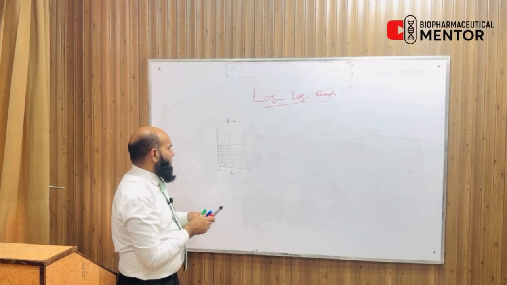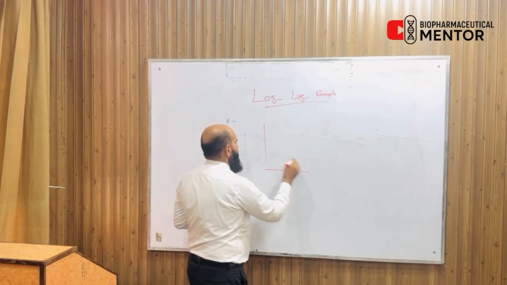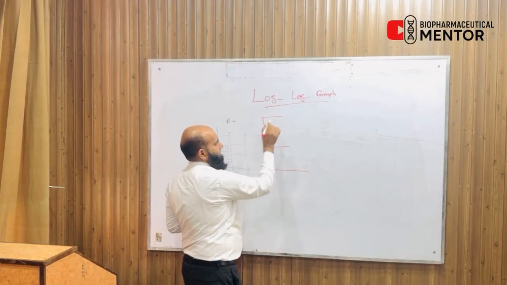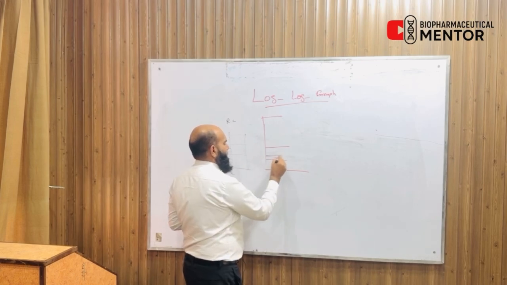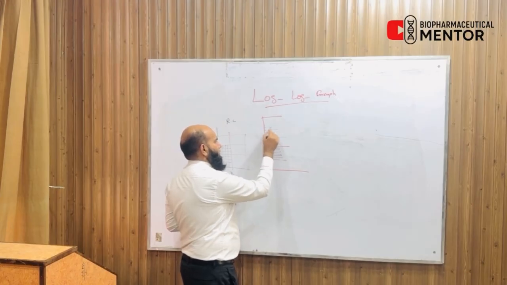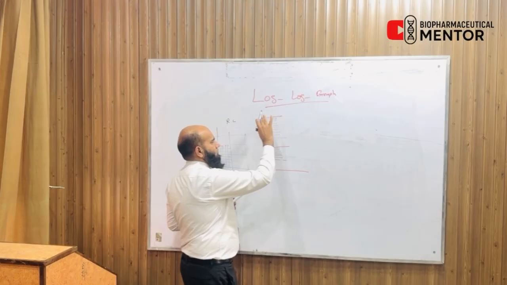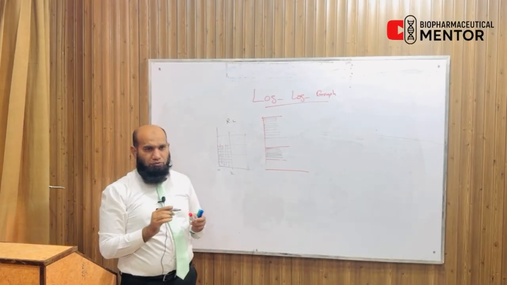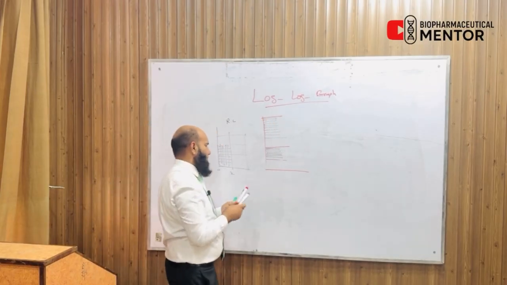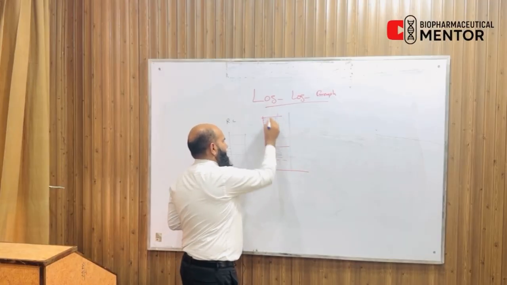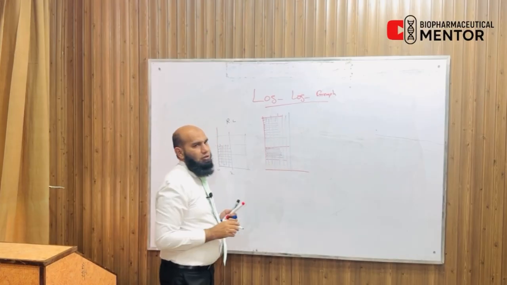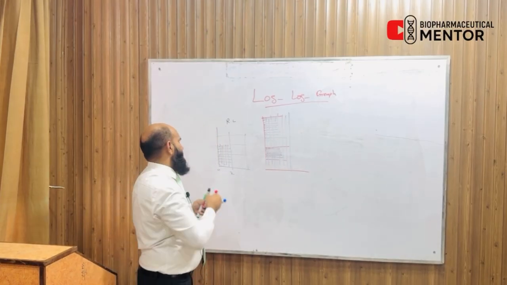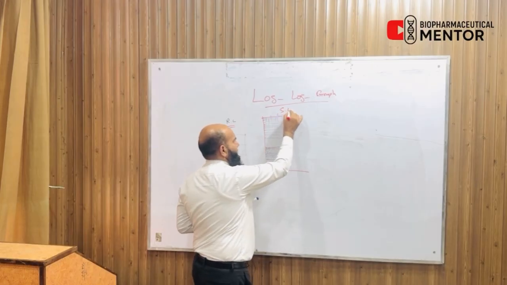When we move to semi-log, we had different cycles, and each cycle contains different lines. The first line was very broad, but with the passage of time the lines had smaller spaces between them, and on the x-axis we had the same equal boxes as in rectilinear. That was rectilinear, and this was semi-log.